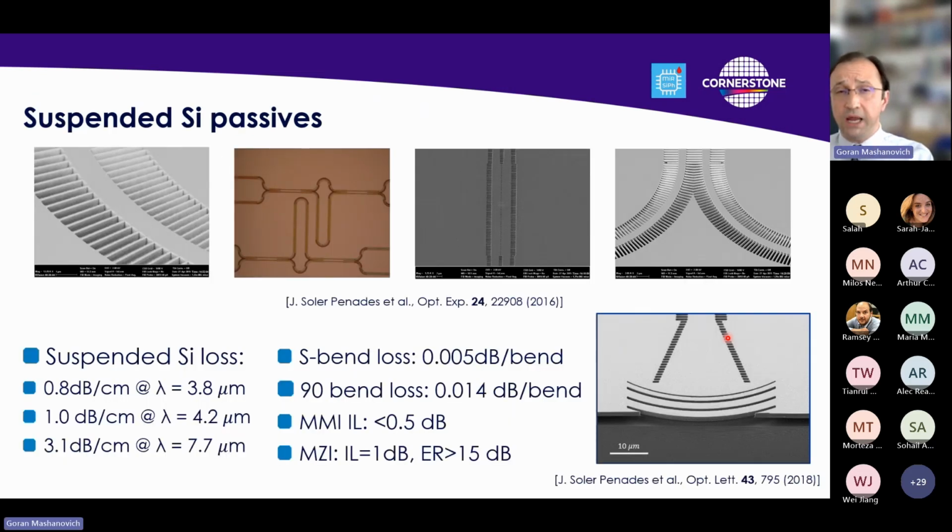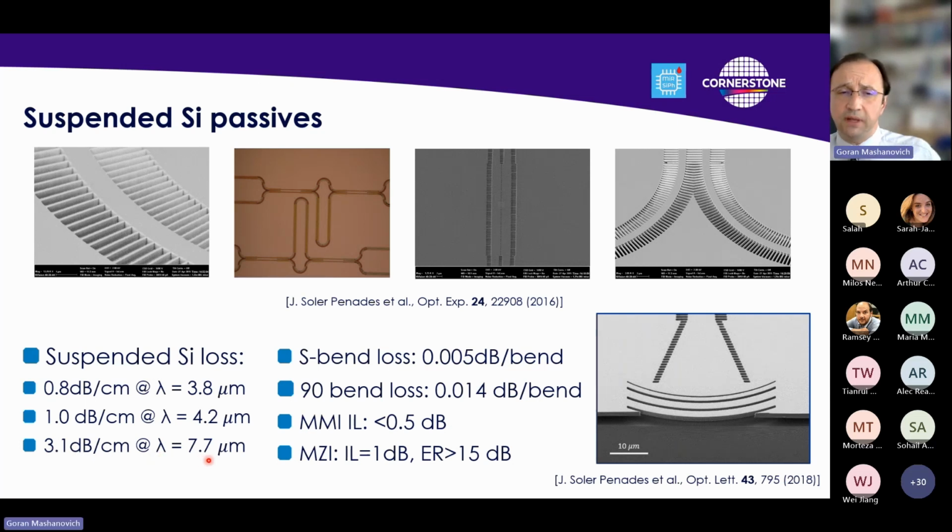We have demonstrated a range of passive devices, so you can see bends and asymmetric Mach-Zehnder interferometers and 2x2 MMIs and directional couplers. And this is also a grating coupler. You see fully suspended over 50 microns or so. And you can see some very good numbers in terms of the loss, around 1 dB at the wavelength ranges where we have these gases, their absorptions, and slightly larger at 7.7 microns.